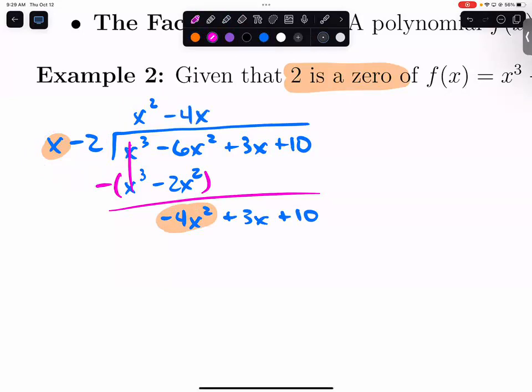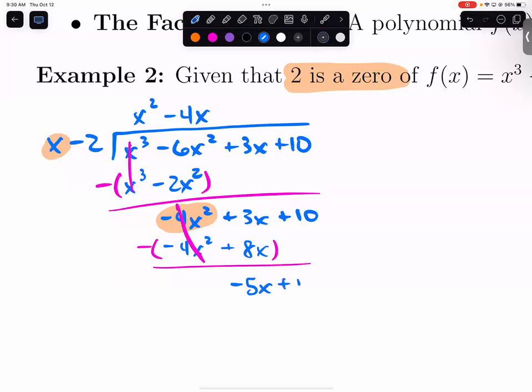Okay, and then multiply. Negative 4x times x is, and negative 4x times negative 2. And then subtract. The term drops off. 3x minus 8x, negative 5x, 10 minus 0.